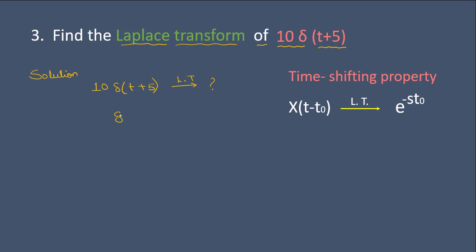Now we know the Laplace transform of del of t is 1. Then the Laplace transform of 10 del of t will be 10, using the linearity property, since the Laplace transform of del of t is 1. So the Laplace transform of 10 del of t plus 5.